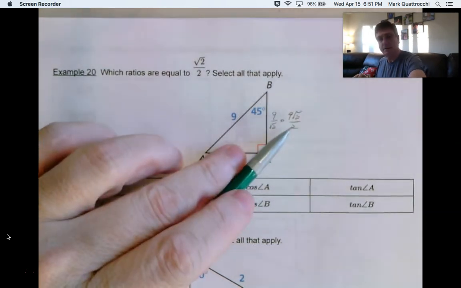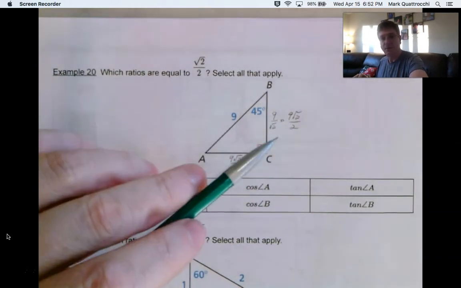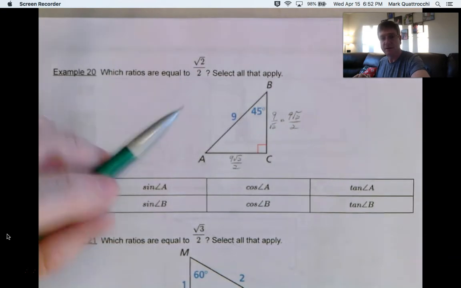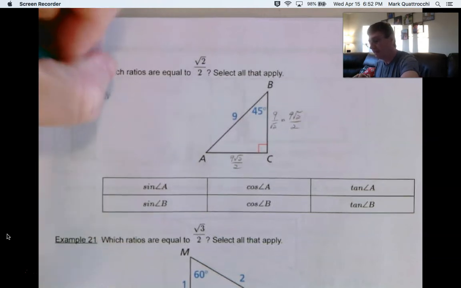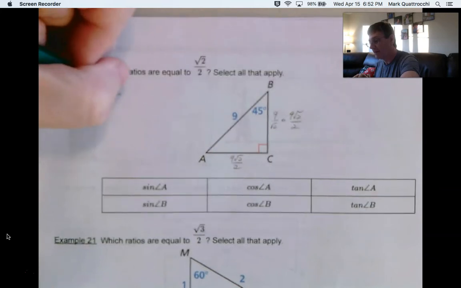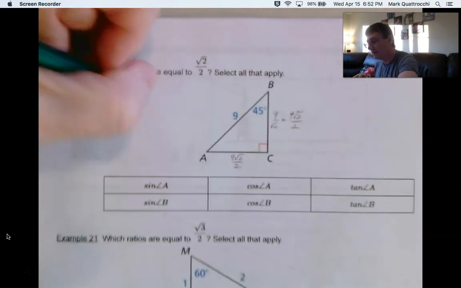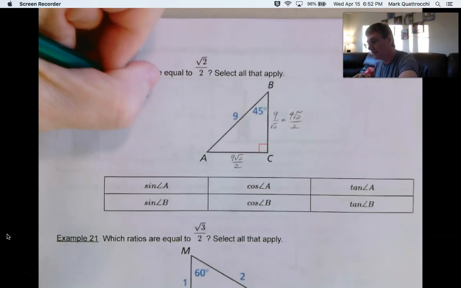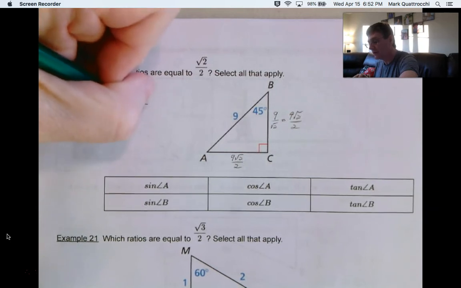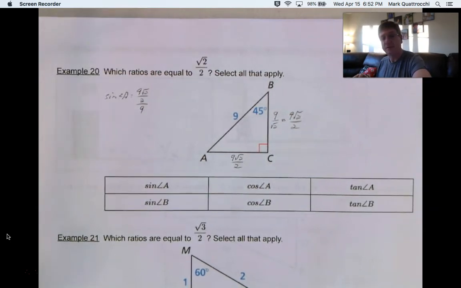Sine of 45 degrees, sine of A, it's going to be 9 square root 2 over 2 over 9. Over 9. What's that reduced down to?